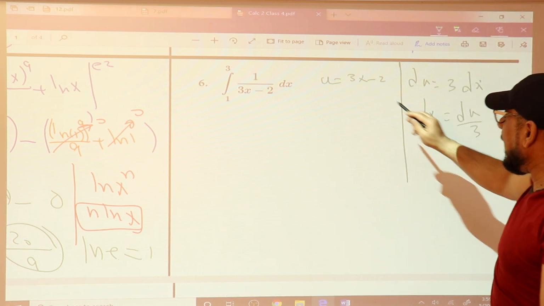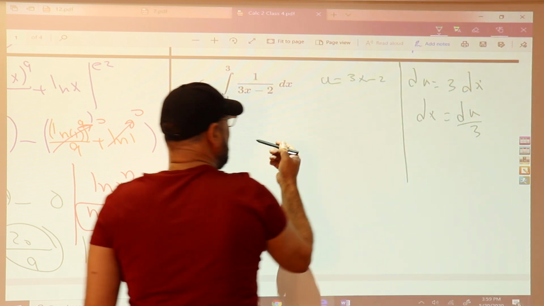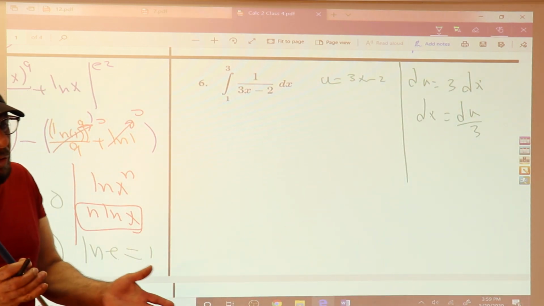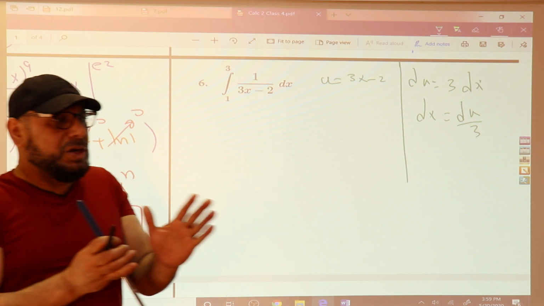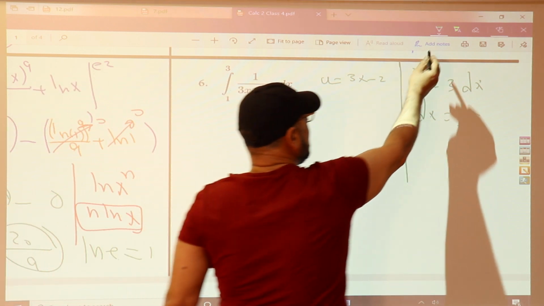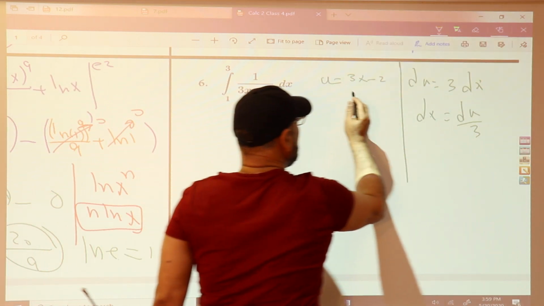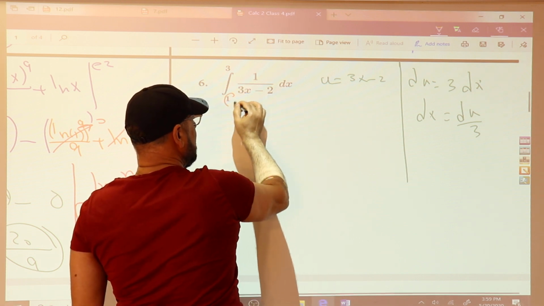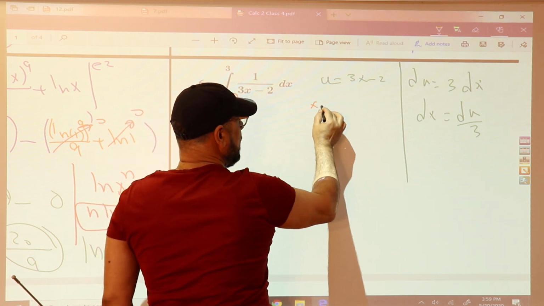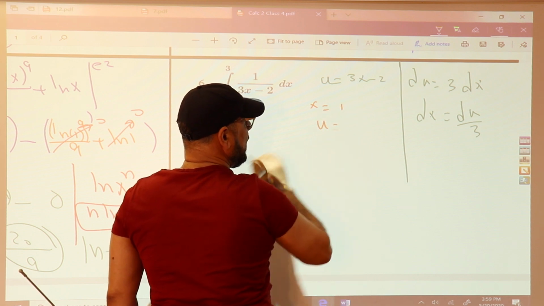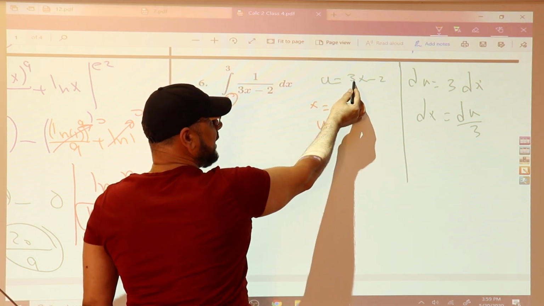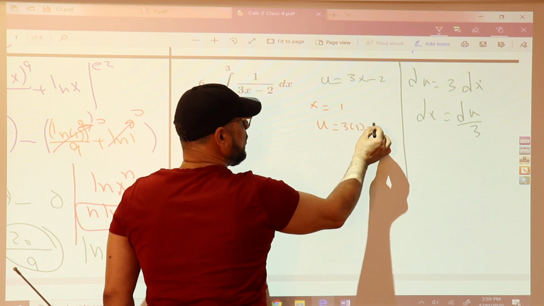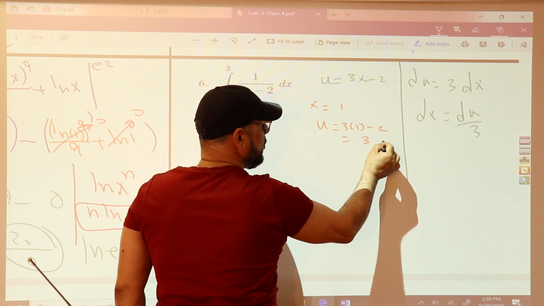Now I can change the limit. I'm going to show you another method because I don't want to say I'm going only in one way. Look here, guys. Everyone watch your hand. When x equals 1, u equals what? 3 times 1 minus 2, which is 3 minus 2, which is 1.